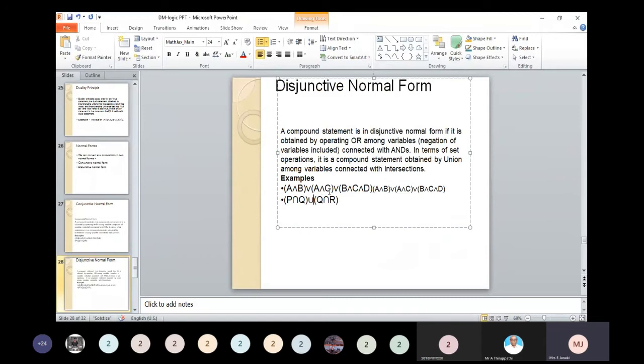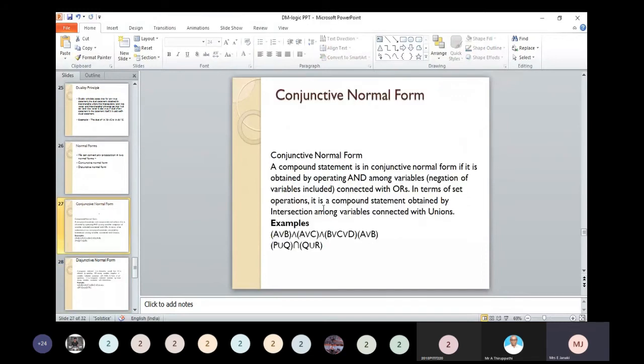Now in between these two, the disjunction, that is OR, occurs. And this third statement is B and C and D. Okay, this is an example. So disjunctive normal form means the disjunction of AND statements. Conjunctive normal form means the conjunction of OR statements.